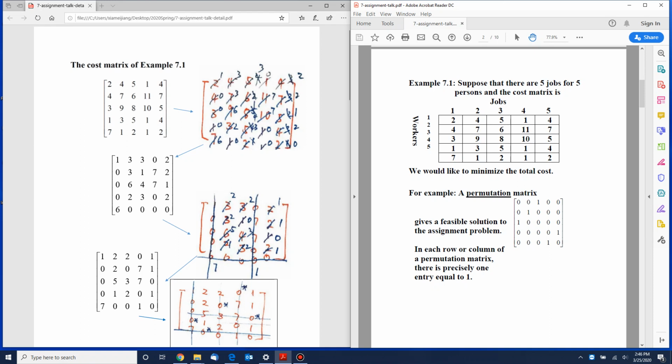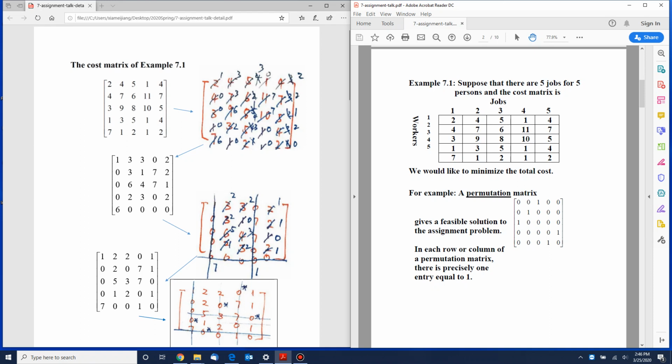Wherever we have 1, that's the cross. You could see the feasible solution there. So we always have a feasible solution. Just keep in mind that in each row and each column you may have only one 1. The rest should be 0.